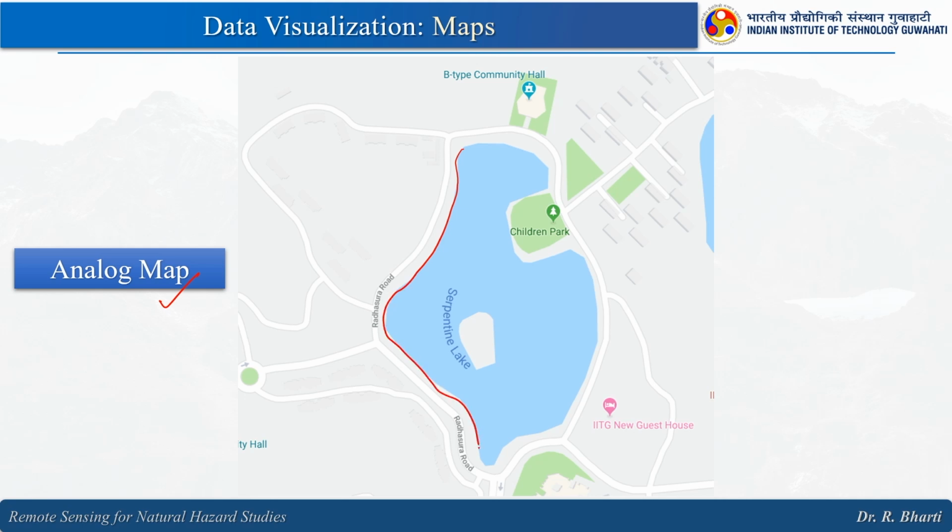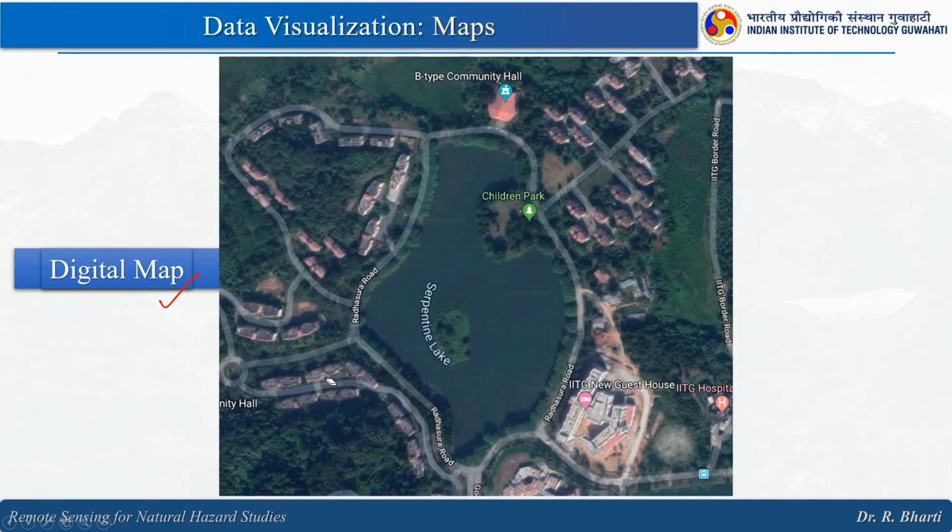So, this is not to scale. Is it clear? But when we talk about a digital map, the area and direction will be proper, because we are using a reference system to identify the position of the object, right.